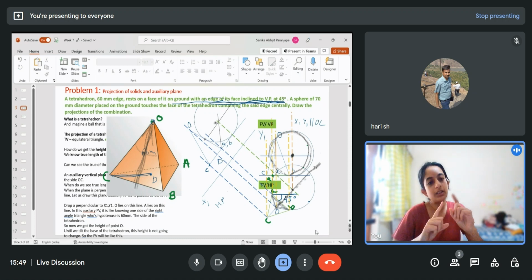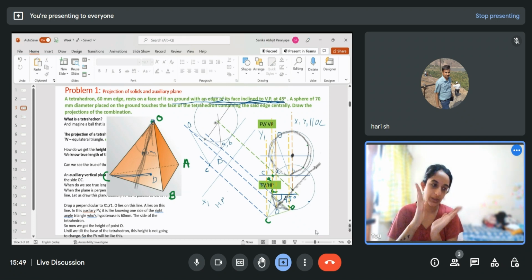One thing you need to remember is that the true length of a line is visible when the line is parallel to that plane. And the true angle or true projection of a plane will be visible when the third plane in which we are projecting it is perpendicular to both the planes.